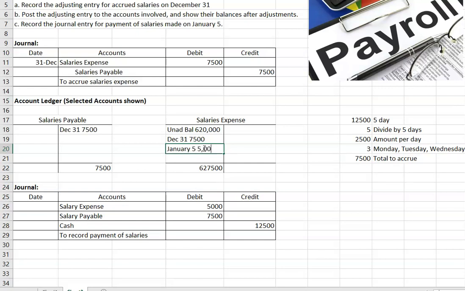So that would add $5,000 here. And look what this did. When I debited salary payable, that got my new balance down to 0, which is what I wanted because now I've paid them all the way off. So I'm finished with that accrual and I paid them on January the 5th.